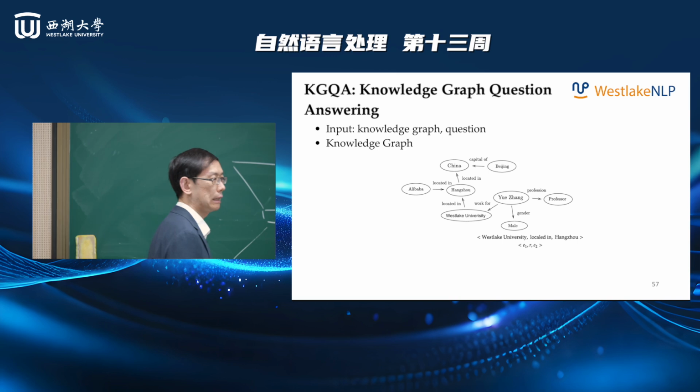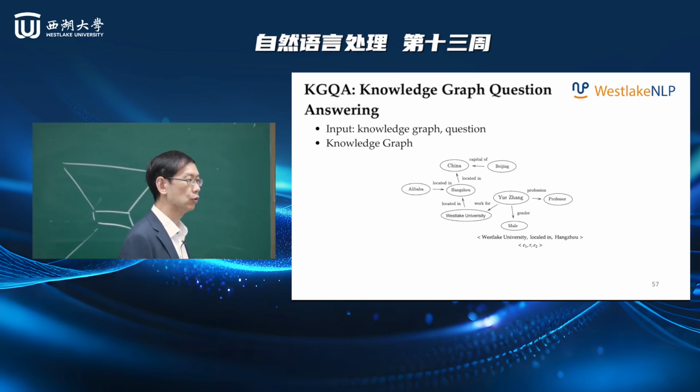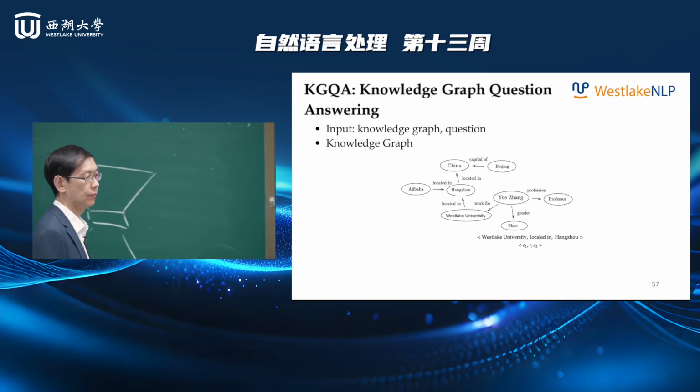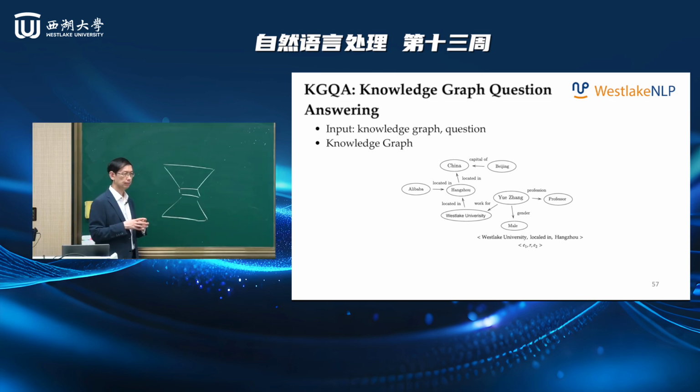And of course, we need to fine-tune the two BERTs in order to find the most relevant passages. And the fine-tuning objective is to make sure that relevant passages are scored higher than irrelevant passages. Okay?